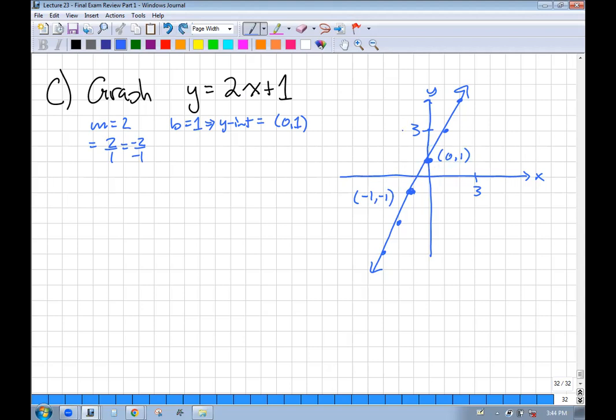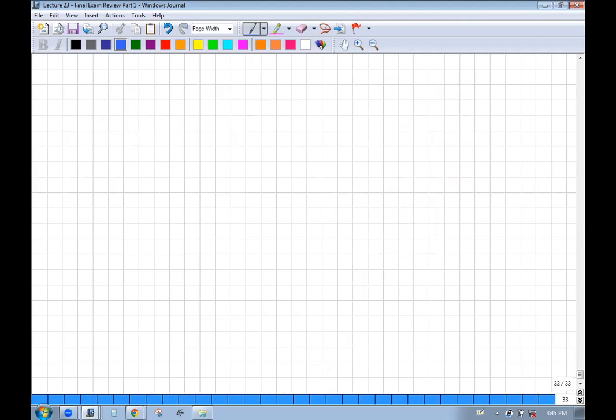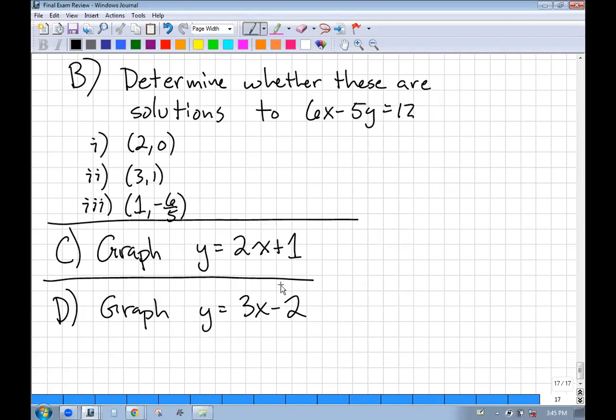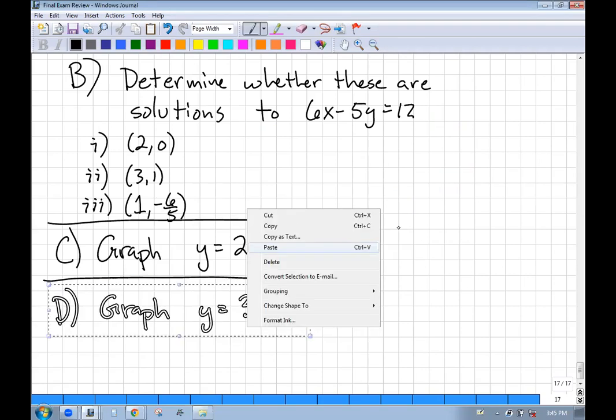This is a little bit extra. If you're really going to be thorough, you want to have scale left and right and label at least 2 points, because it takes 2 points to make a line. Definitely label this one. Yeah, that's good enough. There's C and D.